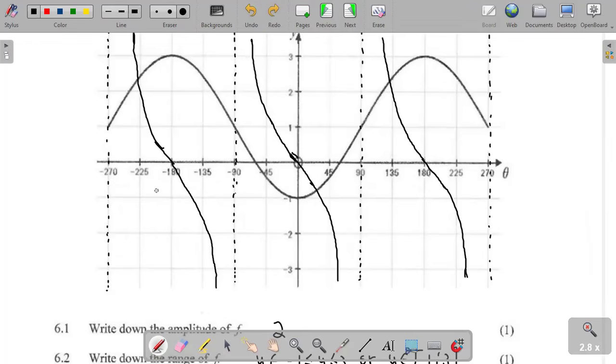Starting from 225 here, it is on top. It is on top here, and then it goes all the way up to here, where it is not on top anymore.